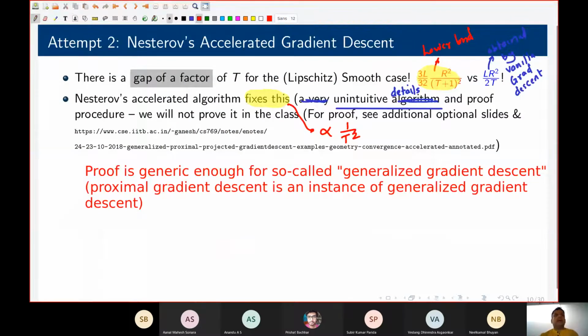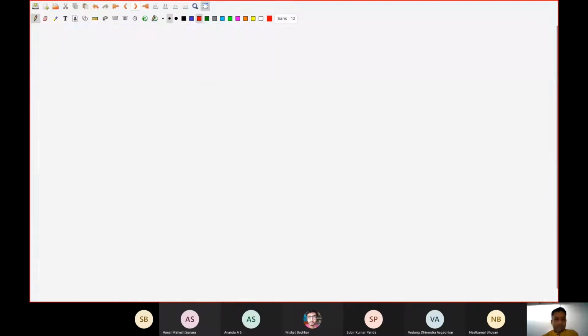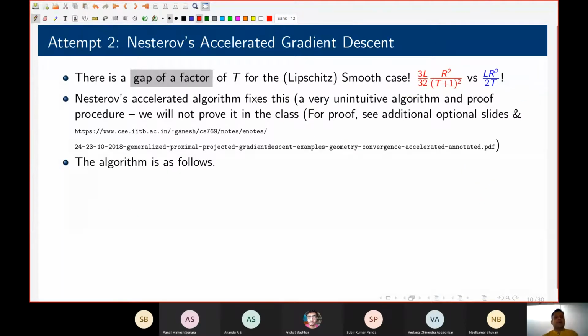But let's do the steps. What are the steps here? So the algorithm is as follows. I'll tell you the intuitive parts and the non-intuitive parts, and we'll keep them separate. So the intuition is that we're going to have an xt, and you can make notes of these if you want, before we get lost in the relations.